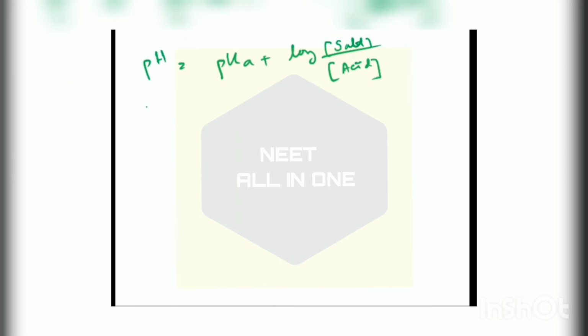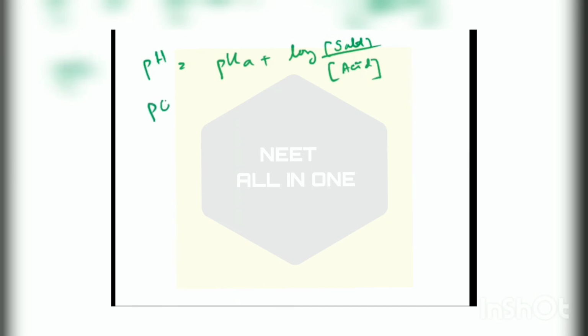There are two formulas for the pH of a buffer solution. When it is an acidic buffer, it will be pKa plus log of the concentration of salt by the concentration of acid.